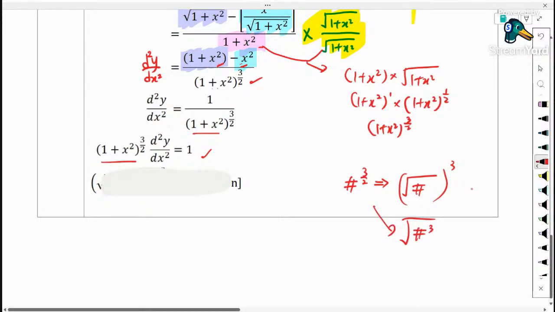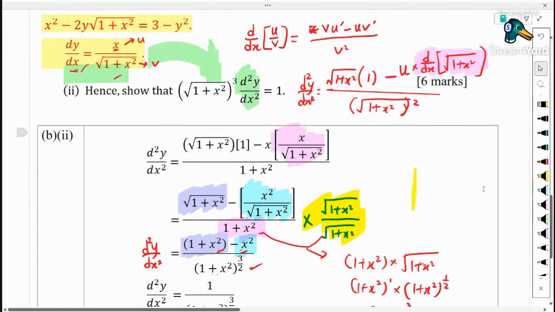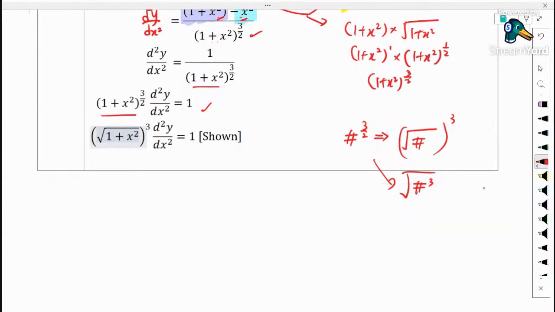Either one will do. So as a result, I can convert my answer as the following to fulfill the requirement of the question, which is this form here. And this equation is the one that we want to show. So we have ended proving here.